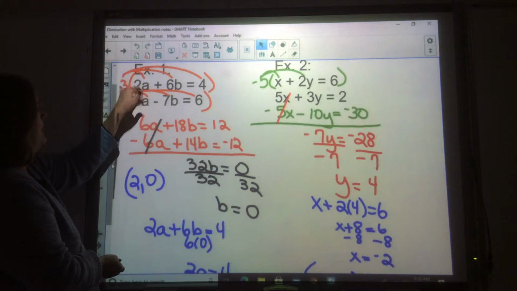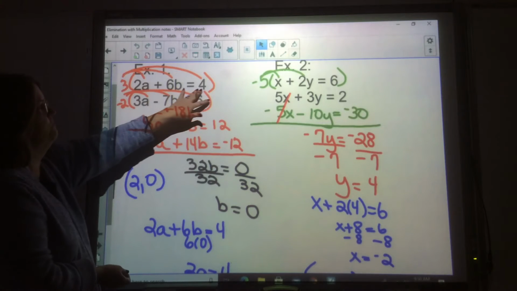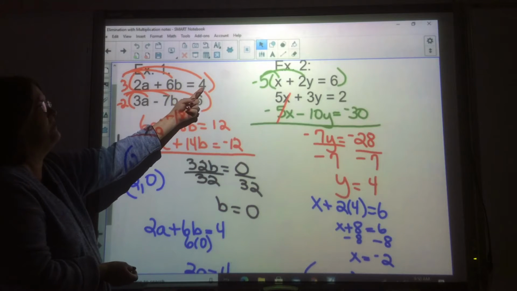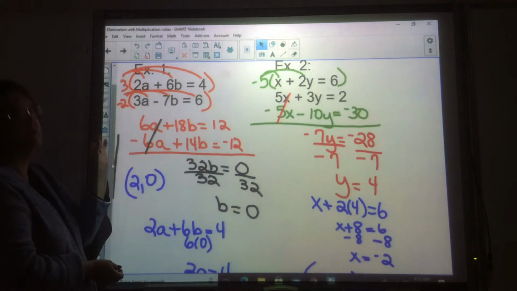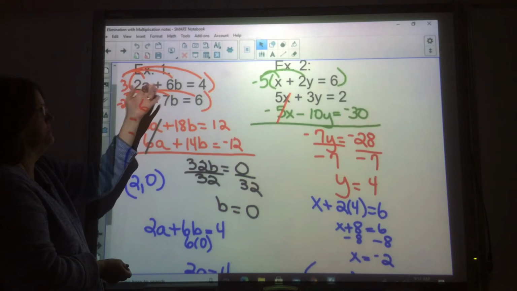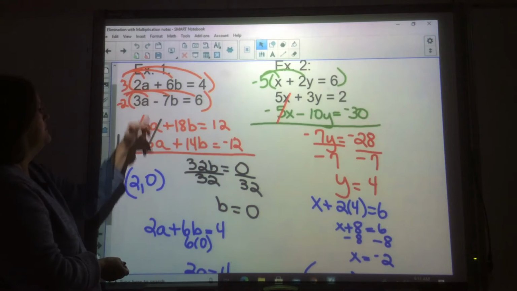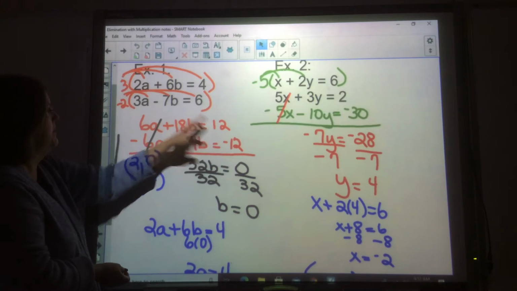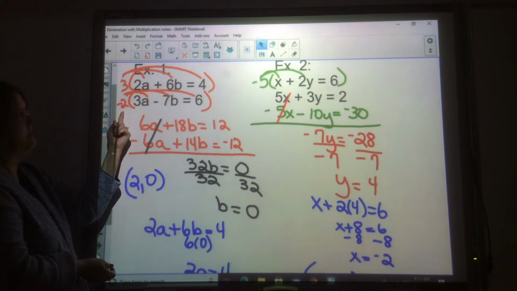All right, now, so when I multiply this through by 3, the thing that you have to be careful of is that you multiply the entire equation through by 3 so that it's still equivalent. You still have an equation that's equal to this one but simplified. So 3 times 2a is 6a, 3 times 6 is 18b, 3 times 4 is 12. I come down here, I do the same thing with this one.